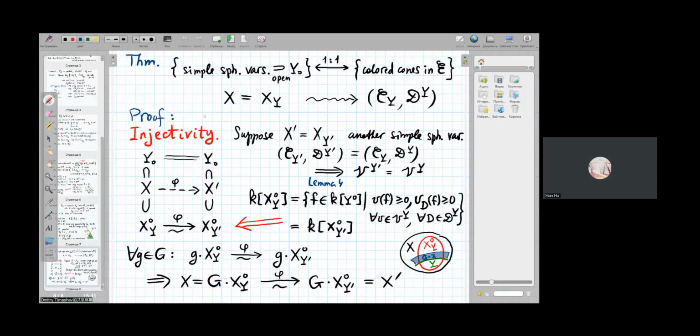So the outcome of our consideration is that we have a bijection between simple spherical varieties containing a given spherical homogeneous space as the open orbit, and colored cones in the vector space spanned by the dual of the weight lattice of this open spherical homogeneous space. So this is this bijection, and finally we have proved this theorem.